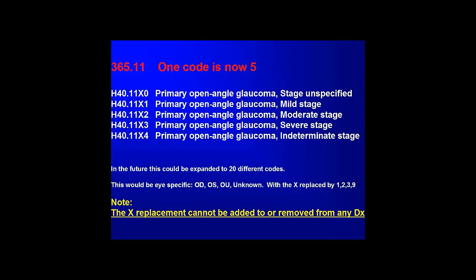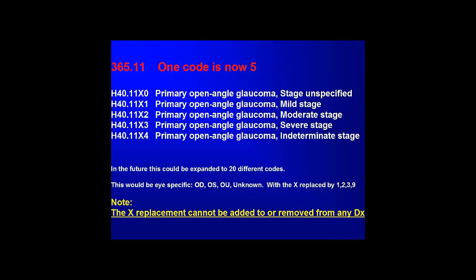One of the other things I will talk about is the very first and the very last: stage unspecified and indeterminate stage. Don't use them. One of the things we know is the payers will, if not immediately, very quickly start denying unspecified diagnosis codes. I'll talk about it again later, but one of the problems that we see is that a number of practice management EHR systems only have unspecified codes, so there's only one for every ICD-9 diagnosis.